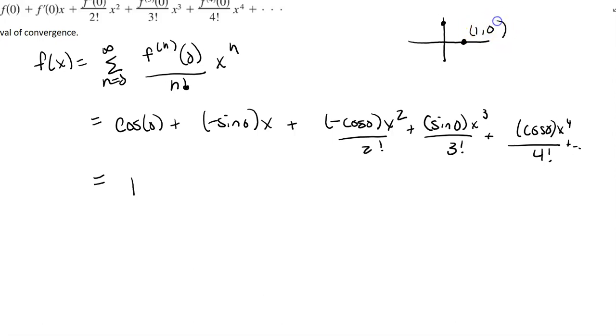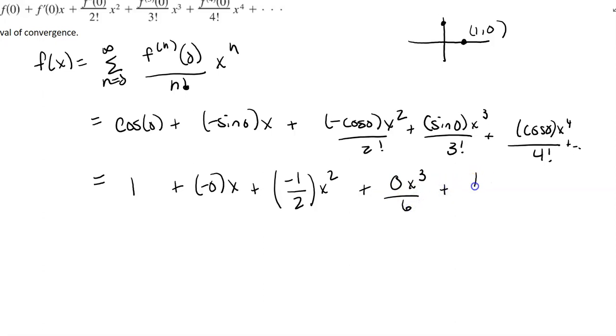Hopefully you caught that. We'll have 1 plus negative 0x plus negative 1 over 2 x squared plus 0x cubed over 6 plus 1 x to the 4th over 24, and so on and so forth, or 1, and let's just go ahead and write that as factorials here.